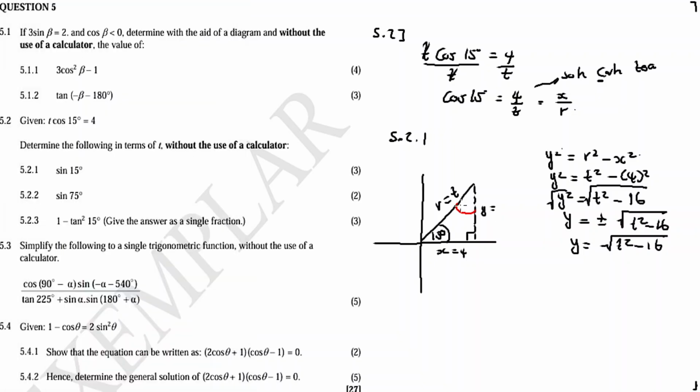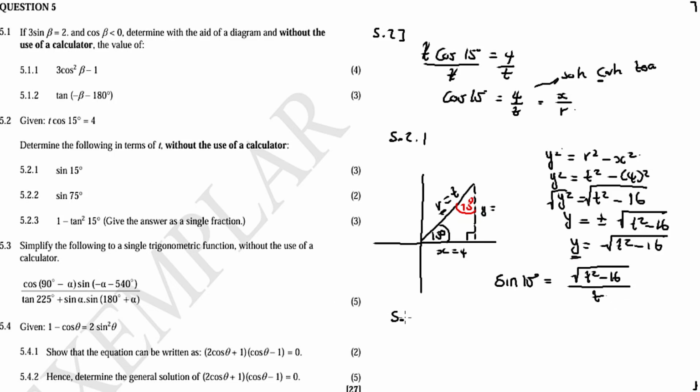So we have 75 degrees. So 5.2.1 will be sine 15 degrees, which is opposite over hypotenuse. So y, and the hypotenuse is r. So here we will have the square root of t squared minus 16 divided by hypotenuse, which is t.